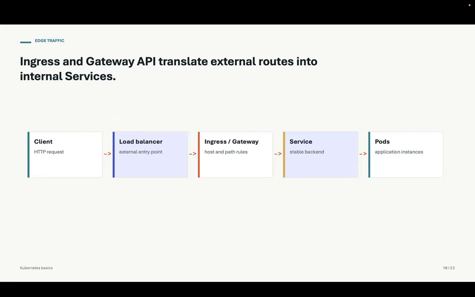In the latest Kubernetes environments, the Gateway API is becoming a more expressive and role-oriented way to manage traffic routing. But the concept is simple. The external route rules point to internal services, and the service points to pods.